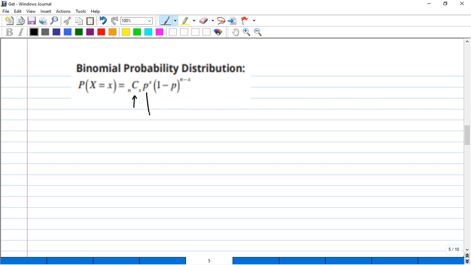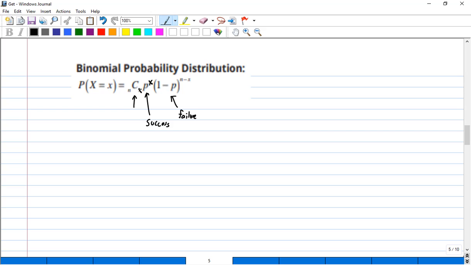This P, that was the probability of a success. And then 1 minus P, remember I told you some books call that Q, but you simply say 1 minus the probability of success, so that would be like the probability of failure. Alright, and then we have these powers here.